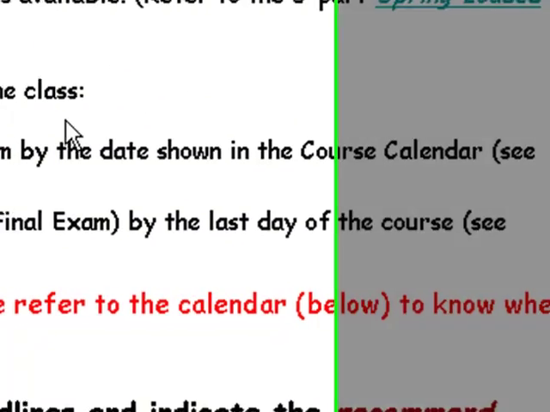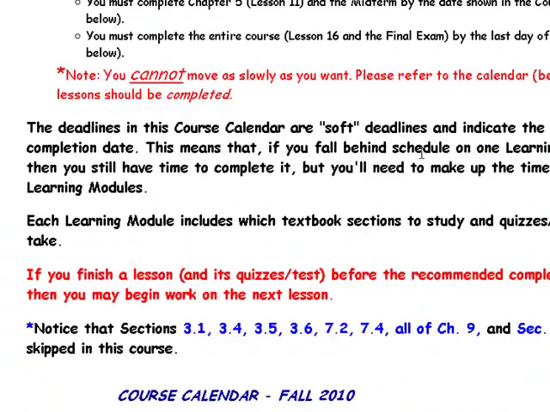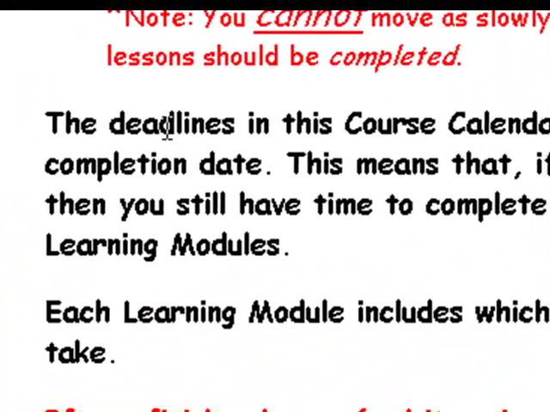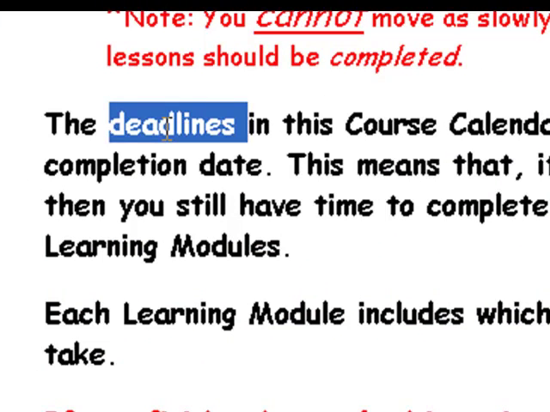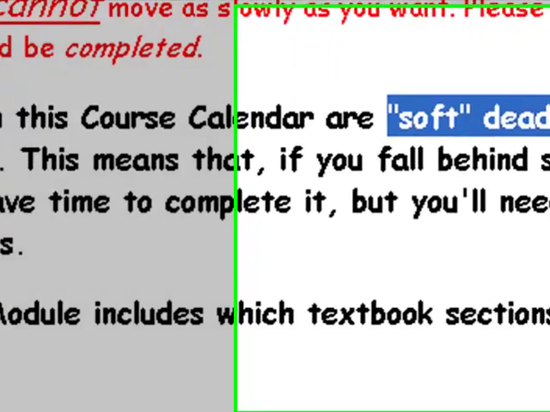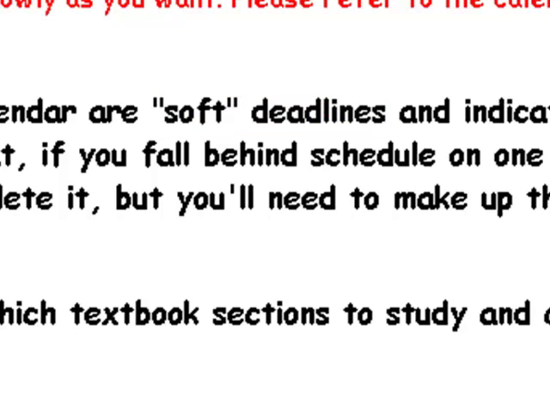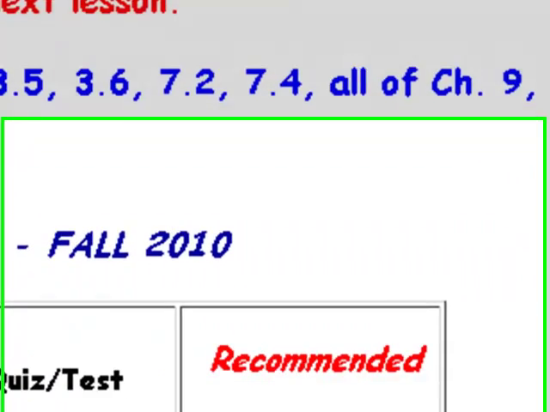Now, I mentioned before, and I want to emphasize now, that when we look at the course calendar, we're going to see some deadlines. Now, in this class, the deadlines are what I call soft deadlines. And that's because these deadlines are recommended completion dates.